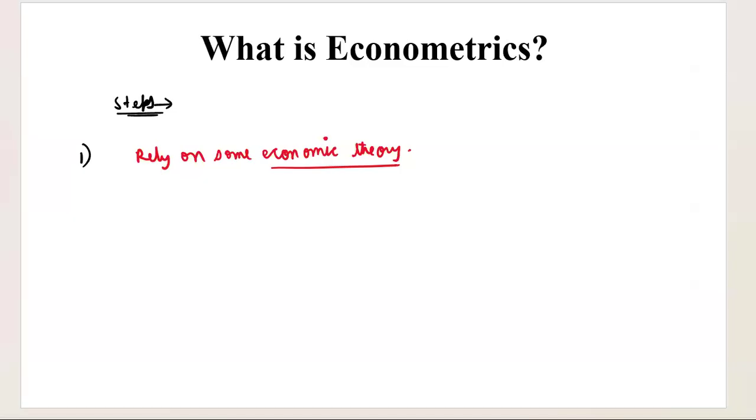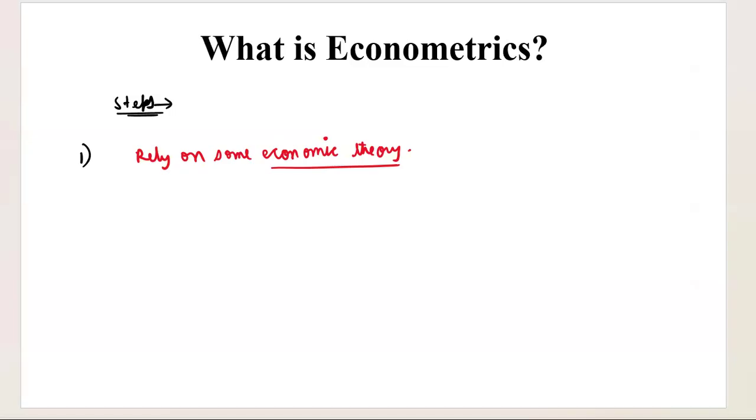If you are an economics student, undergrad or postgrad, then you will know that we study different consumption theories, right? There are the relative income hypothesis, the permanent income hypothesis, the life cycle hypothesis, and so many more hypotheses given by different economists at different times. We study all of them in our undergraduate economics honors course.